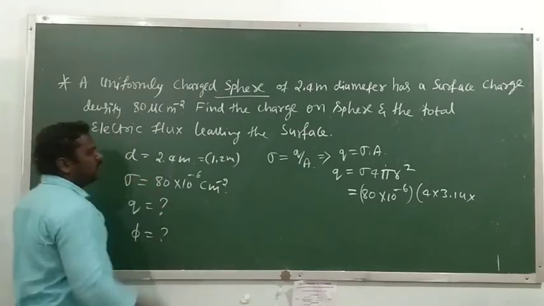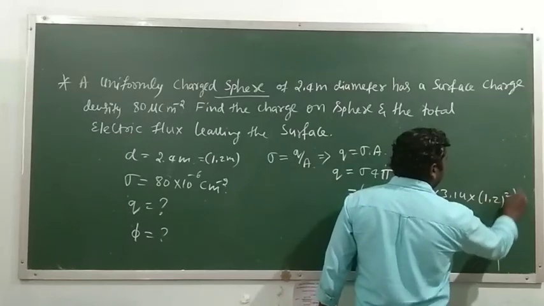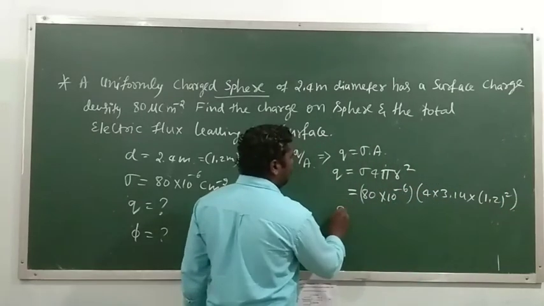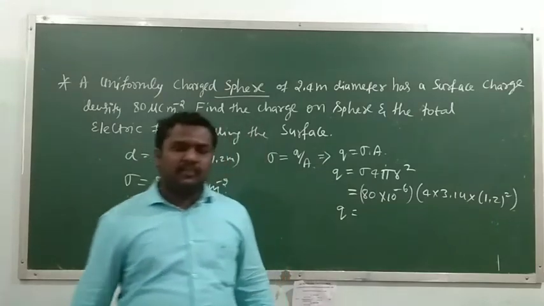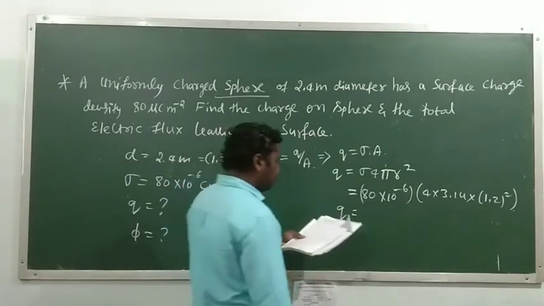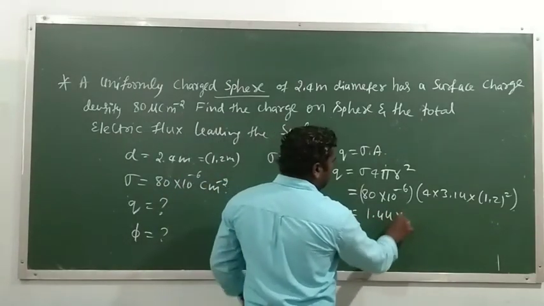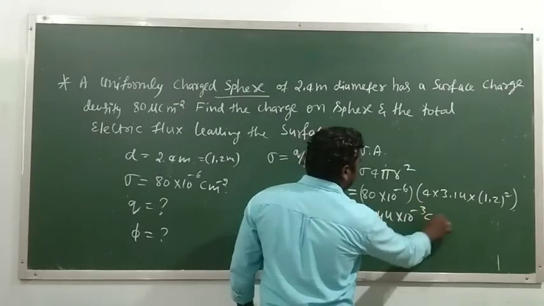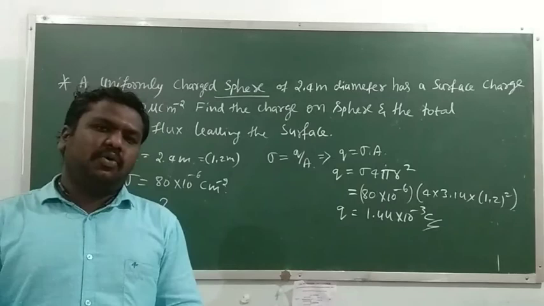Diameter is 2.4, then radius will be 1.2, that is 1.2 square. So the total charge Q will be equal to, yes, please make use of the calculators. So we are going to get the total charge as 1.44 into 10 power minus 3 coulomb.